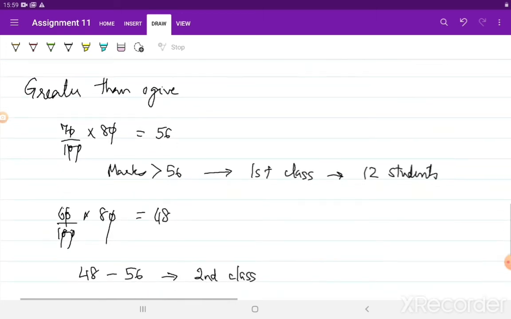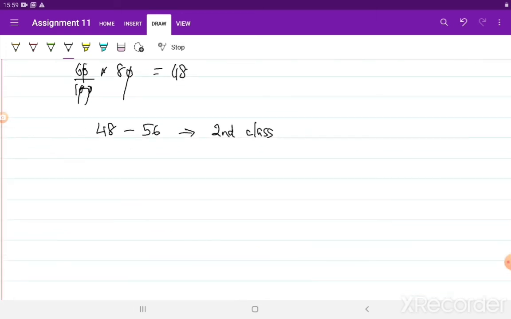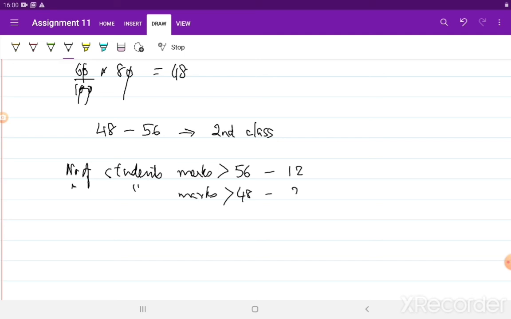Which means the number of students with marks greater than 56 is 12. The number of students with marks greater than 48 is 22.